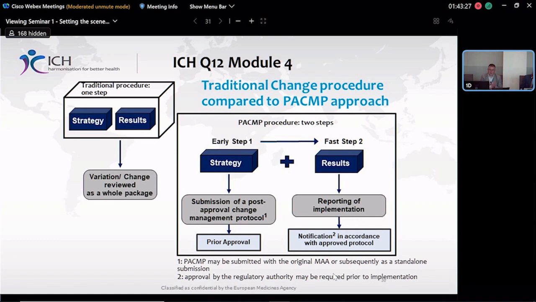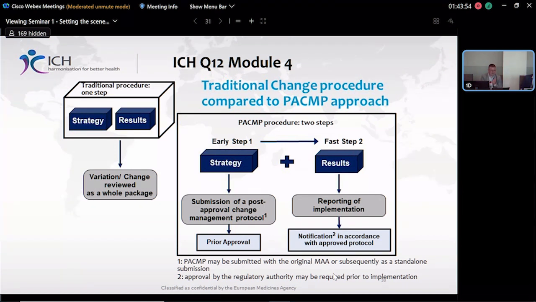If they want to implement this change in multiple regions, they have to submit this variation in parallel in multiple regions. If they follow a change management protocol approach, we separate the strategy for the change from the results. So in the first submission, they submit the strategy. This is what I'm going to do. These are the tests I'm going to transfer. This is the number of batches I'm going to test.